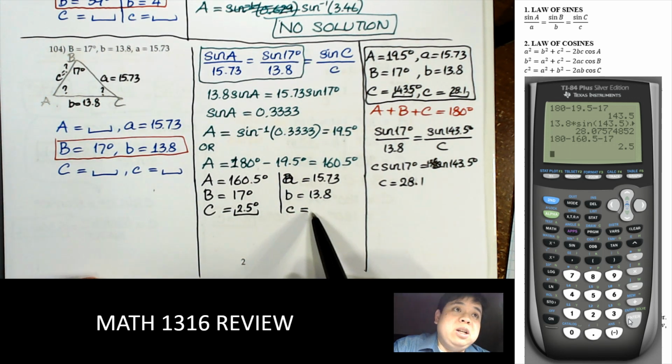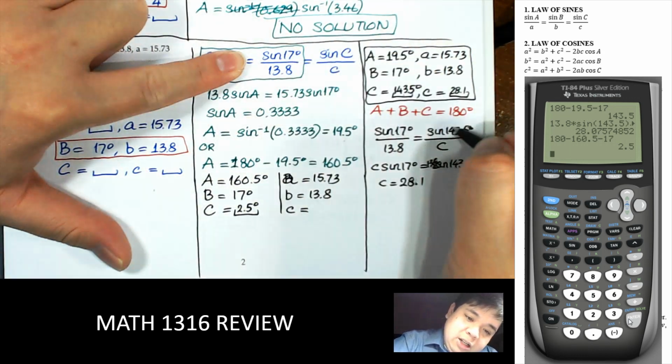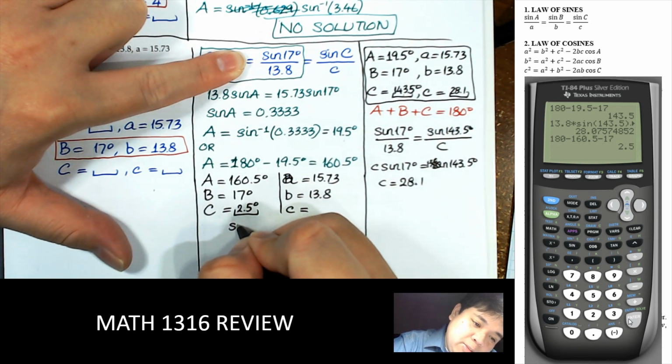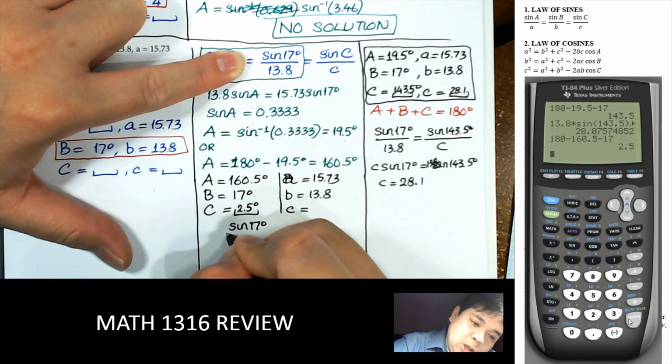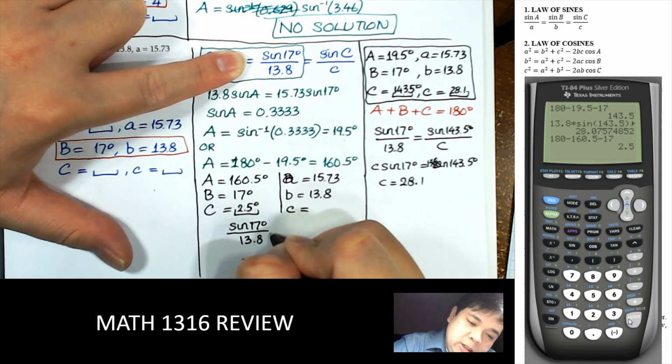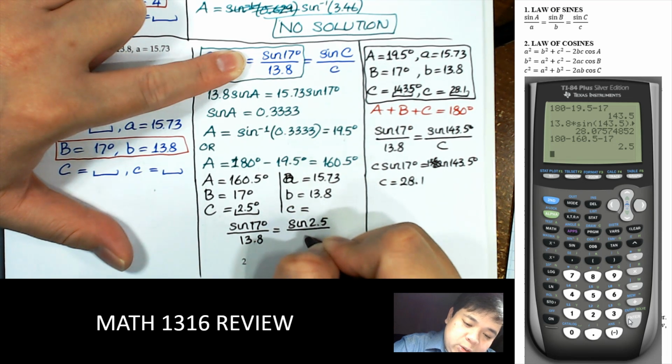In that case, C will be the smallest one. Again, the ratio, pretty much this, same ratio, sine of 17 degrees over 13.8 equals sine of 2.5 over little c.